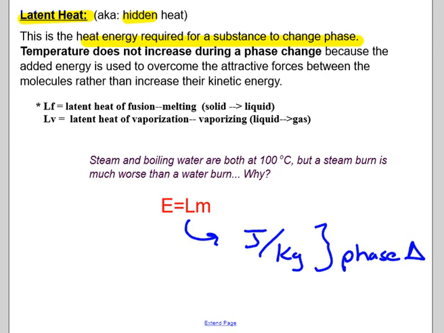If you were to get burnt by steam or by boiling water being poured on your arm, you've probably experienced both at some point. Which one would be worse and why? Steam at 100 degrees Celsius or water at 100 degrees Celsius? Well, to answer that question, let's look back at our cooling curve.